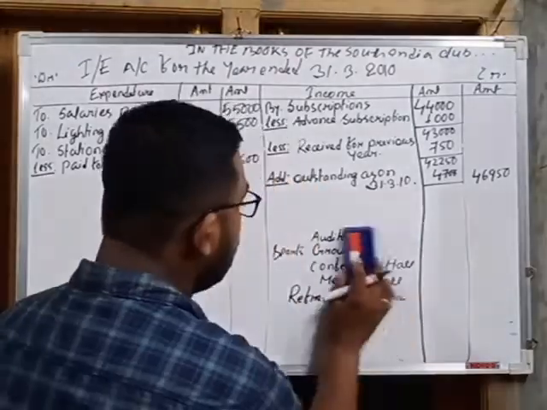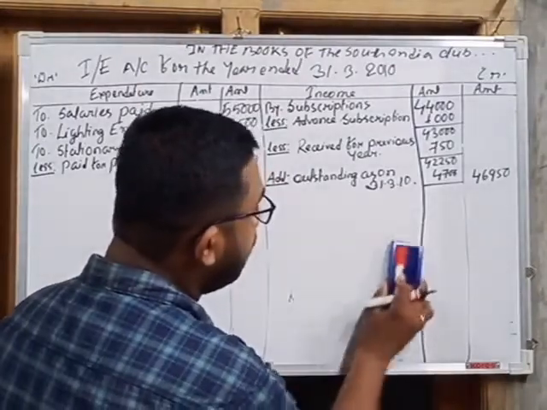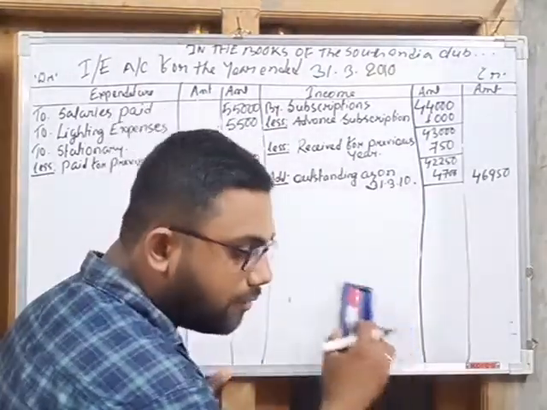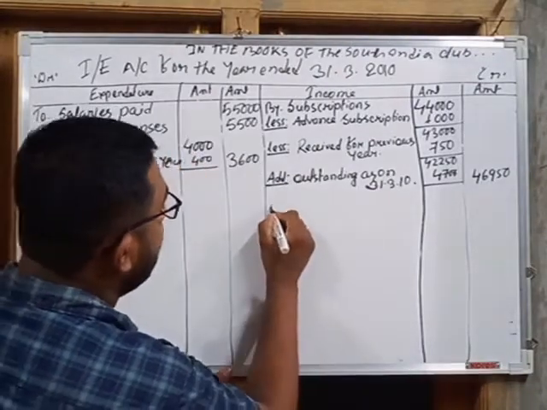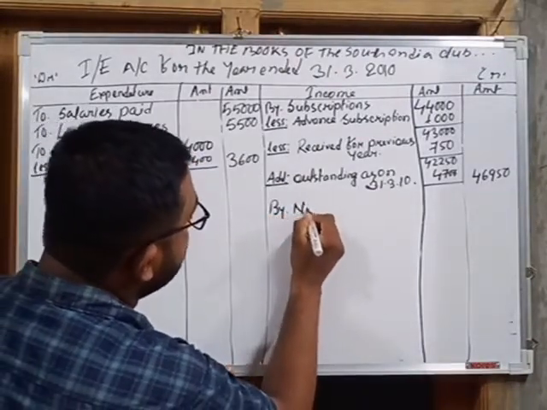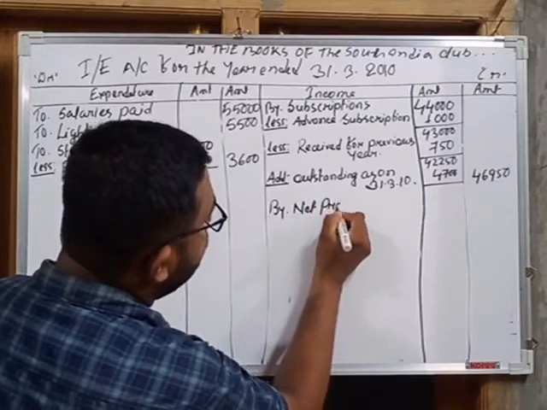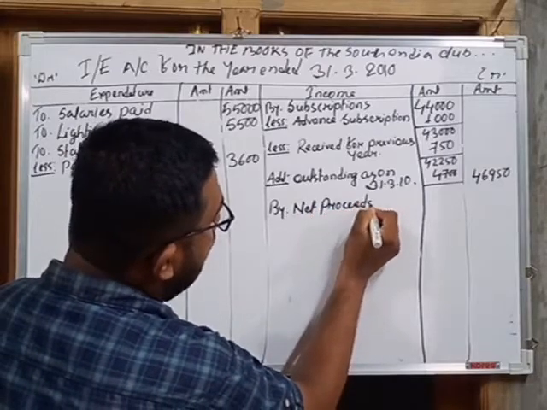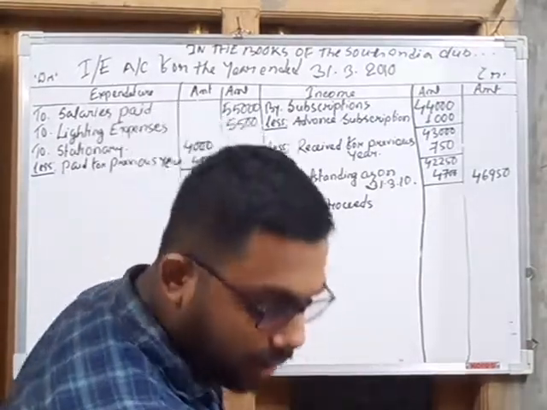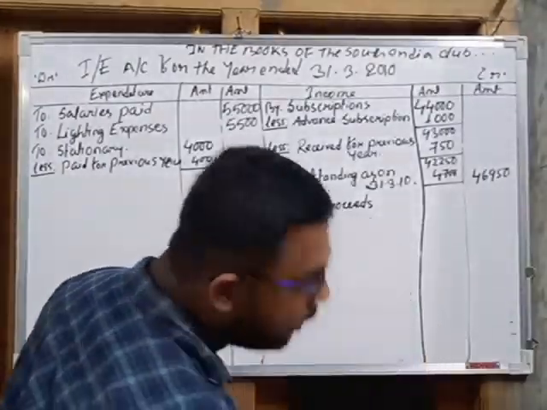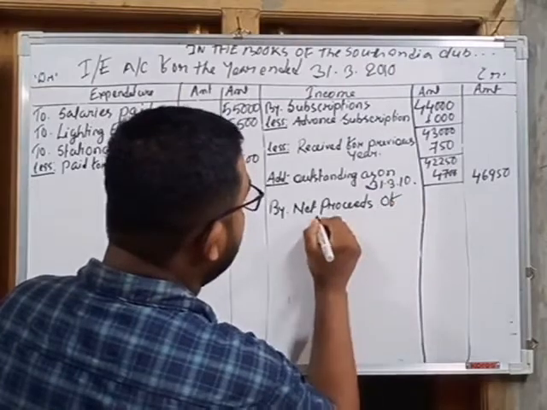So the total income from the refreshment room is rupees 30,000. So it will come on the receipts side, and we write it as by net proceeds. What is net proceeds? Net proceeds means after deducting all the expenses, the actual amount of income. Net proceeds of refreshment room.